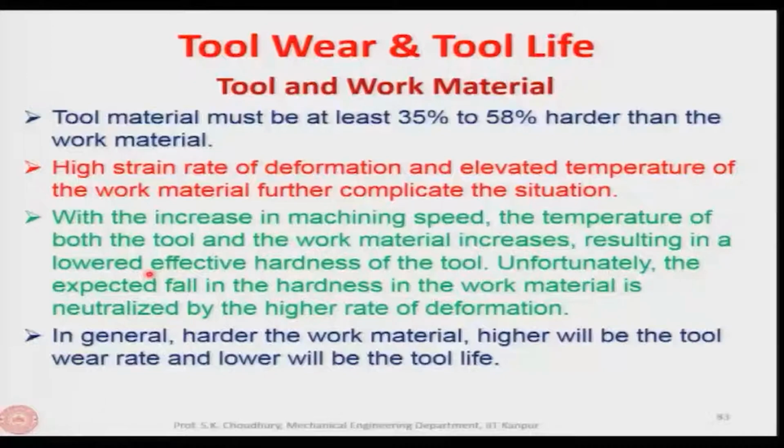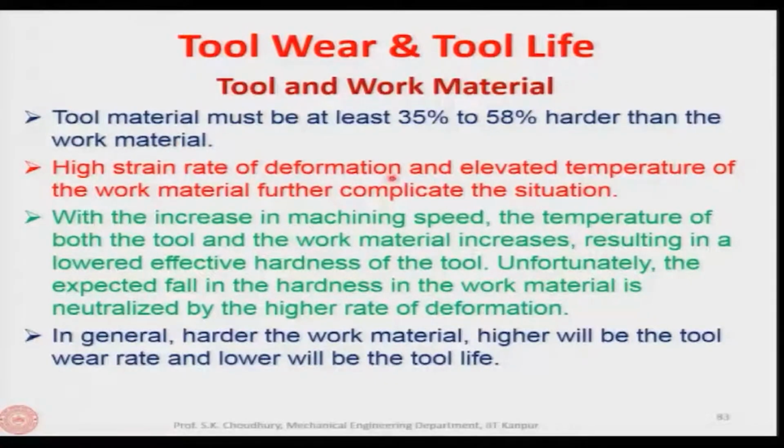Now, on the tool and the work material, the phenomenon is very interesting in the sense that the tool material must be at least 35 to 58% harder than the work material. This has been established by experiments.